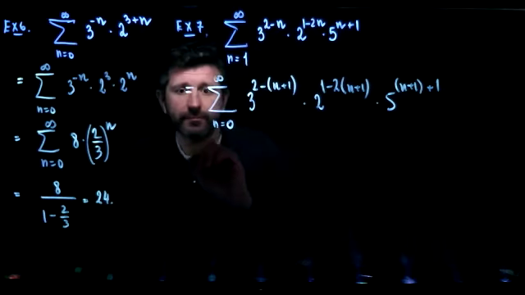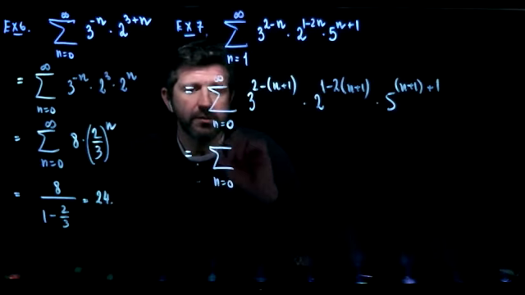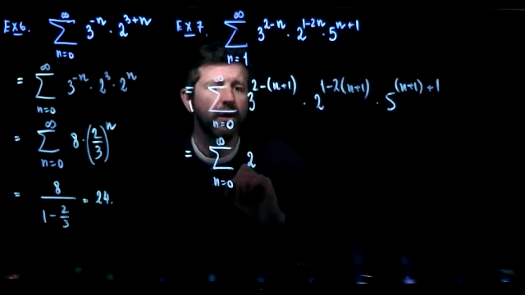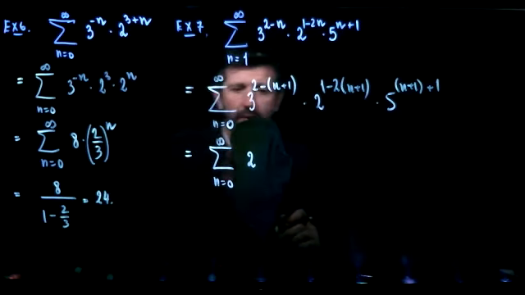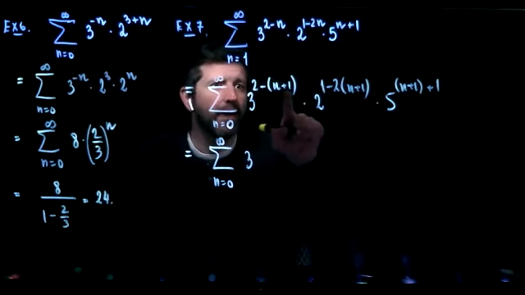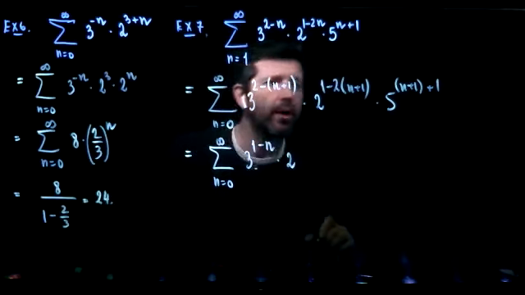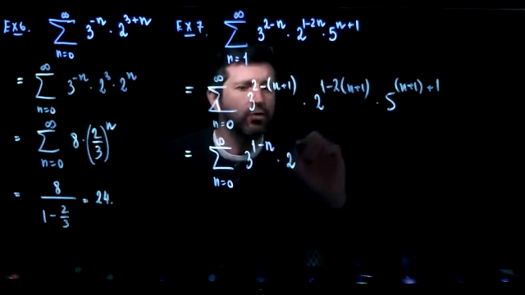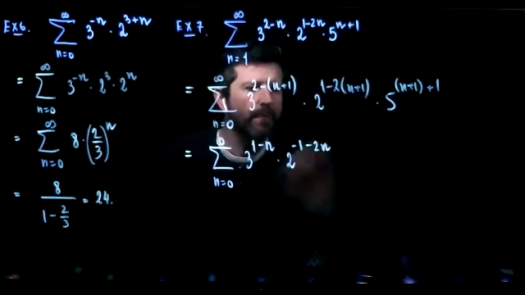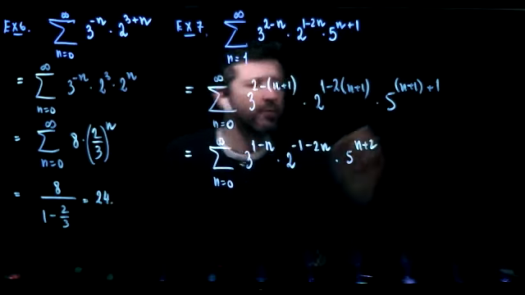Sum n equals 0 to infinity. So let's simplify this. I have 3 to the power of 2 minus 1, so it's 1 minus n, times 2 to the power of 1 minus 2, so negative 1 minus 2n, times 5 to the power of n plus 2.